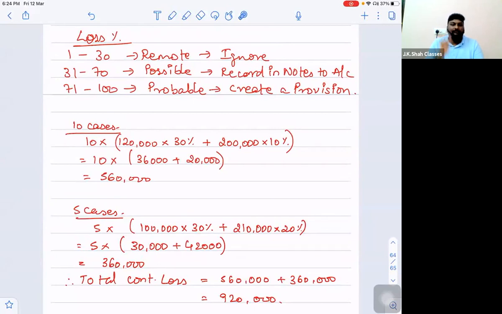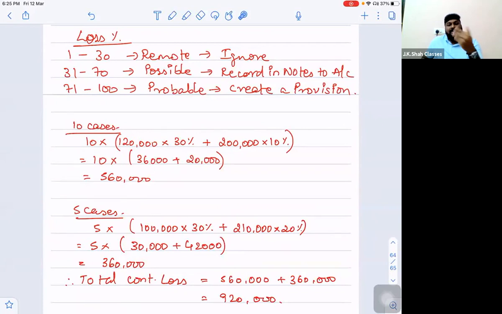Yes. See, you're not getting this point. If the question says that the chances to win is 60%, right? So it is implied that chances to lose is 40, right? So you have a 40% chance of losing, right? Now, they say that you can either lose with low damages or you can lose with high damages.